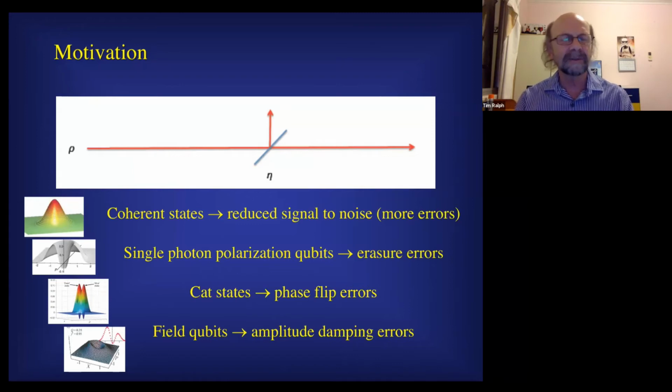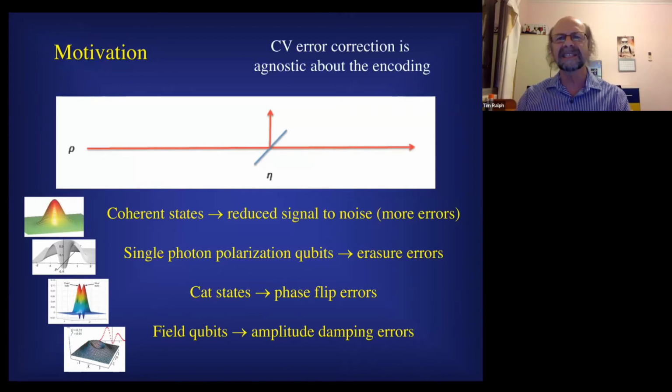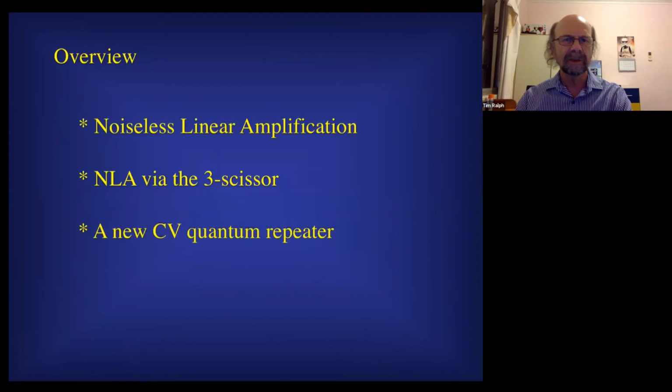Loss affects different quantum optical encodings of quantum information in different ways. But something I think is quite interesting is that CV, or continuous variable approaches to error correction, are agnostic about what encoding you're using. And so this sort of motivates us to look at these sorts of approaches.